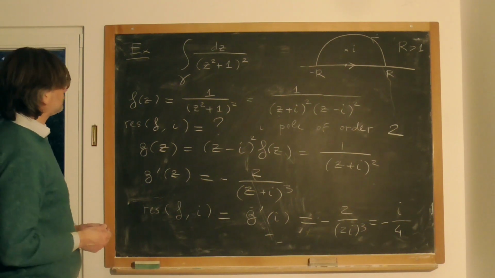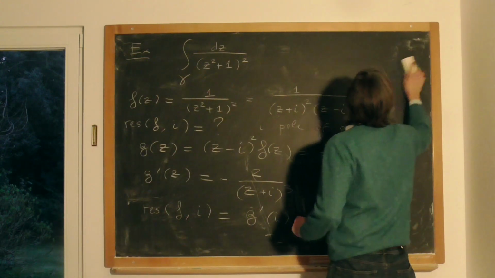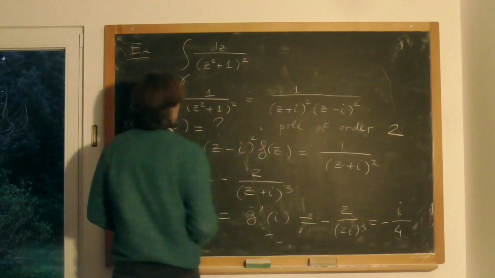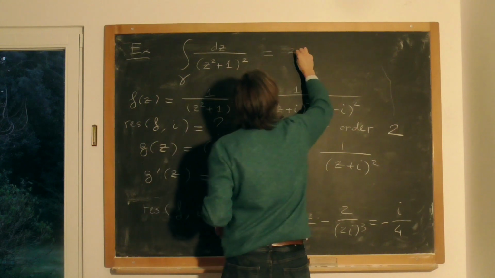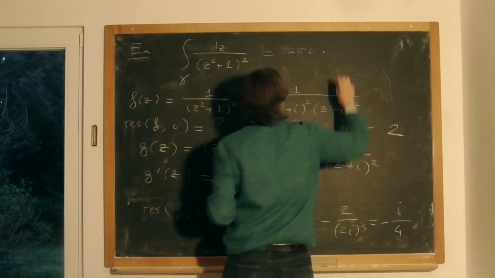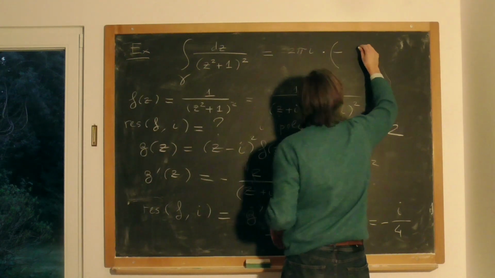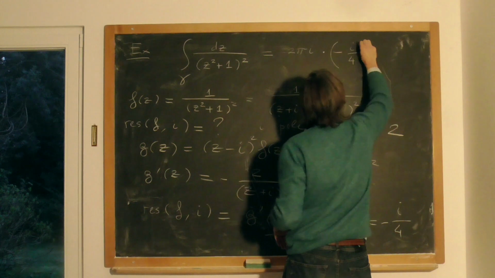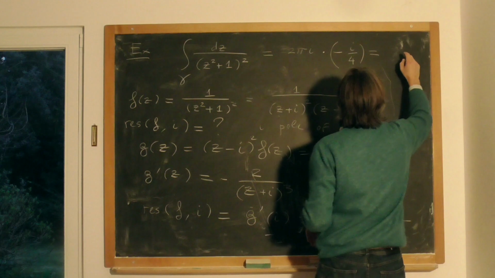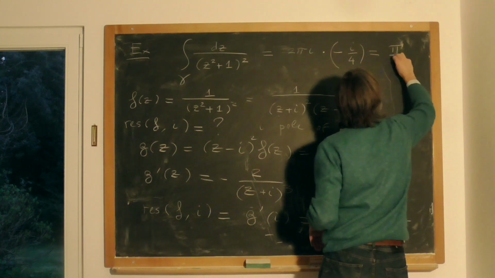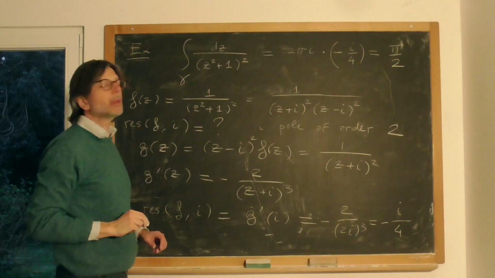Okay, this is the value of the residue, and then you can use the residue theorem and say that the value of this integral is 2 pi times the value of the residue, so times minus i over 4. So we get i times minus i is plus 1, so we get pi half. This is the value of this integral.